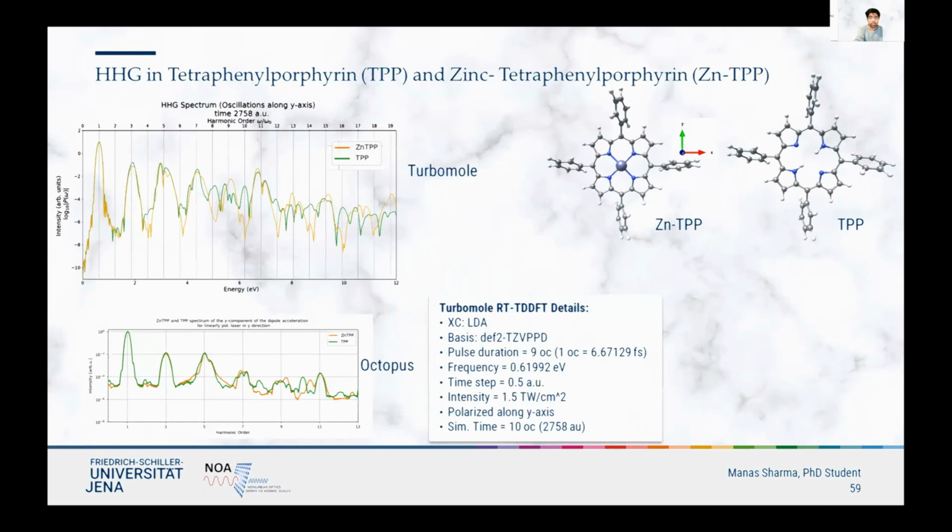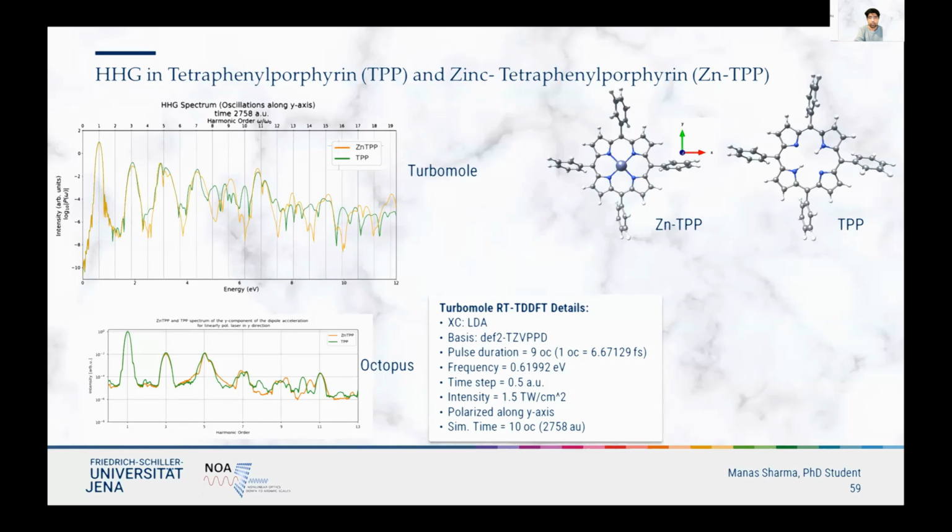And then, instead of working with a test system, we collaborated with a project, since my PhD is within the NOA project, where we also have some experimental projects. We collaborated with one of those, and they performed some ZN-TPP and TPP high harmonic generation experiments. We also collaborated with another theoretical group that worked with Octopus.